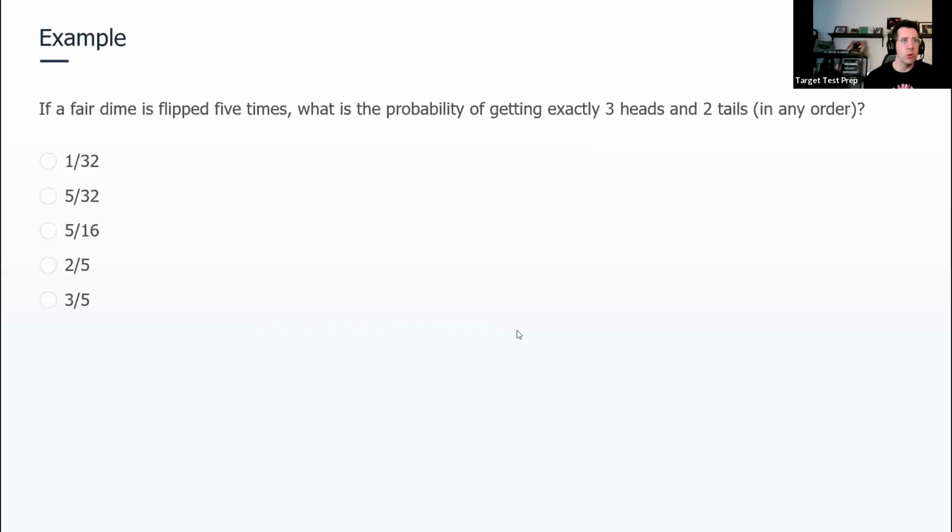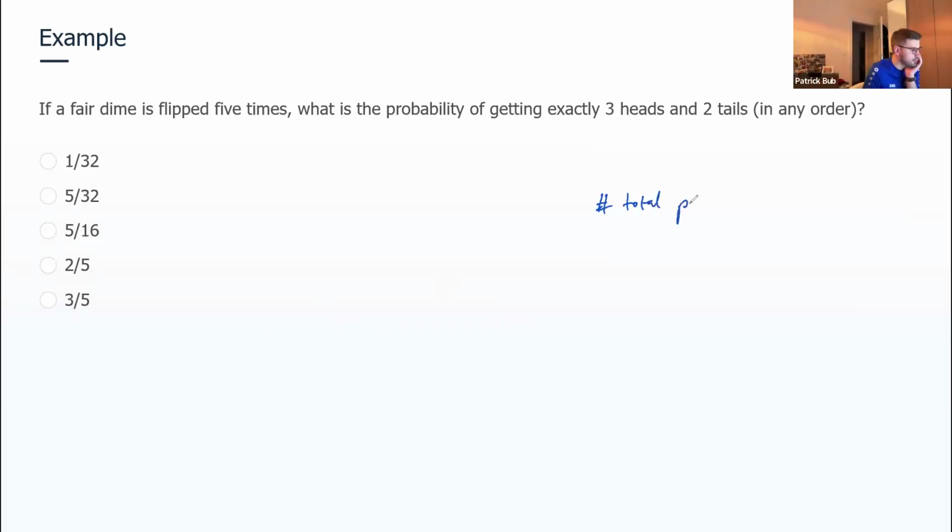there? Patrick says 32. Yeah, Irvin agrees. Patrick, where'd you get 32 from? I got 32 from 2 to the power of 5. Exactly. Because we are flipping 5 times, so 2 times 2 times 2 times 2 times 2.